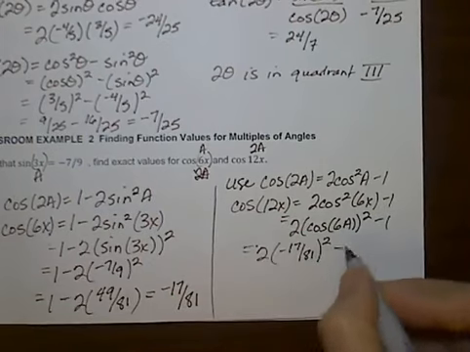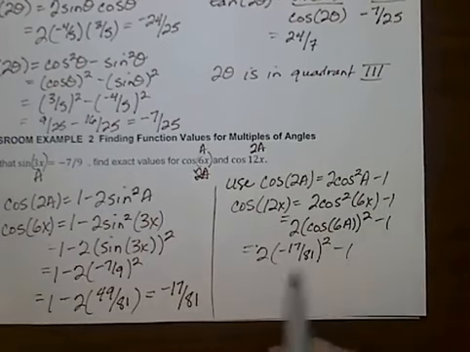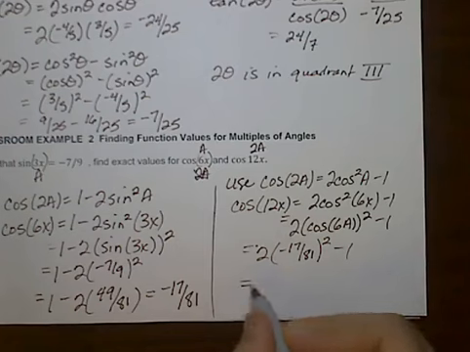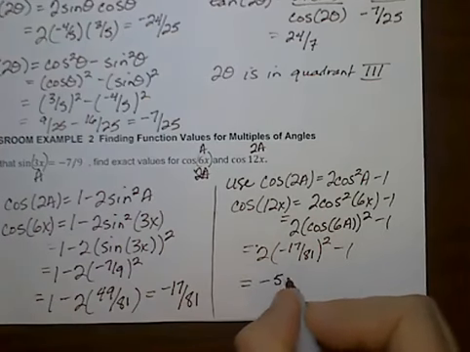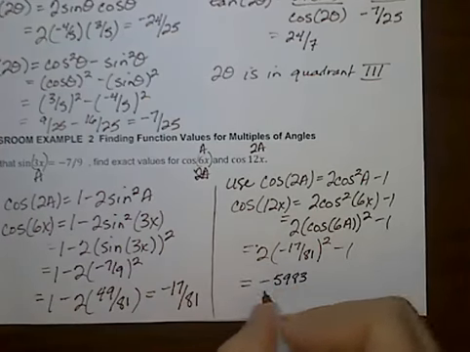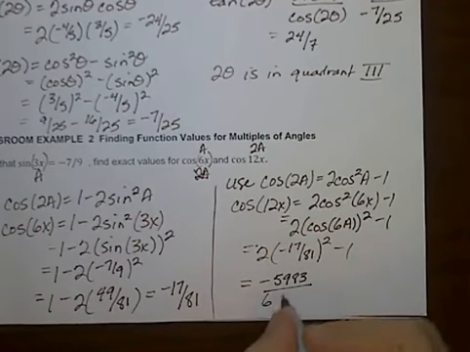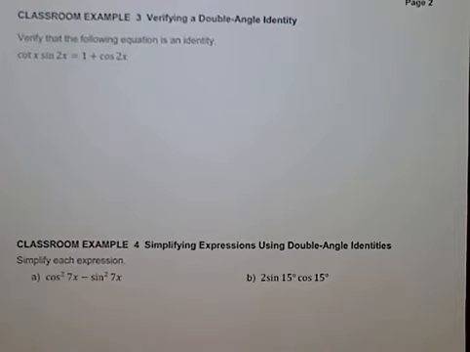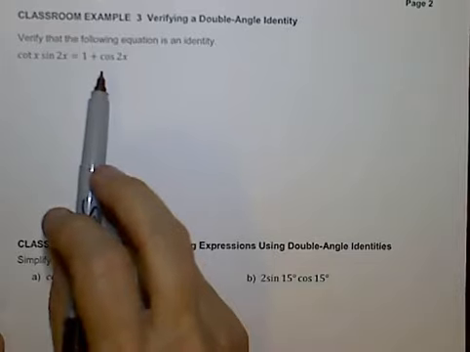I'm plugging that in here. And then I use my calculator to figure this all out and write it in a fraction form since we want exact values. This turns out to be negative 5,983 over 6,561.